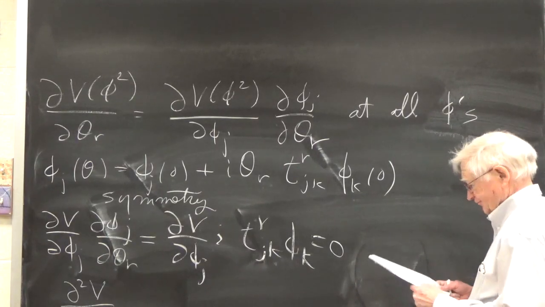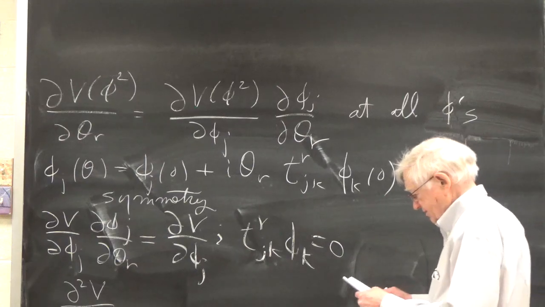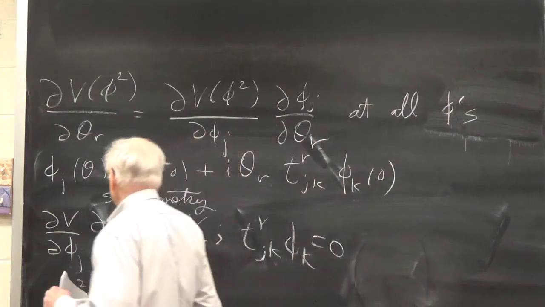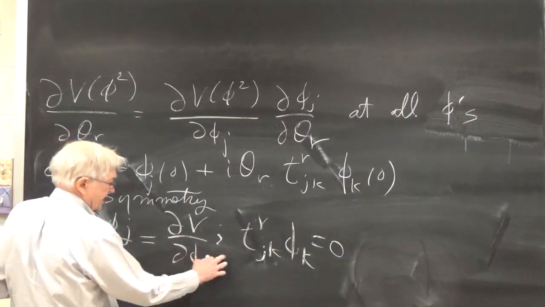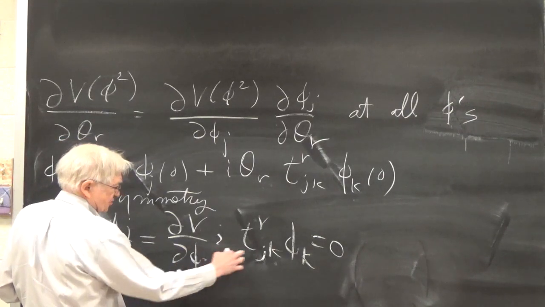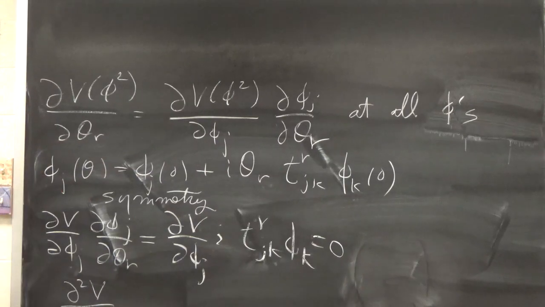Now, this first derivative expression is 0 for all values of the fields. So consequently, its second derivative is always 0.